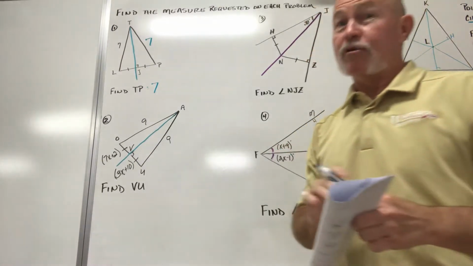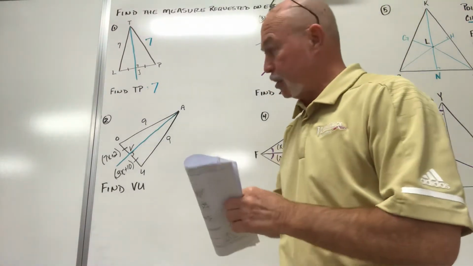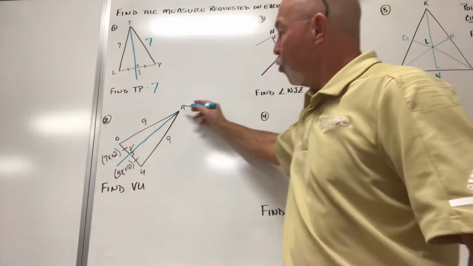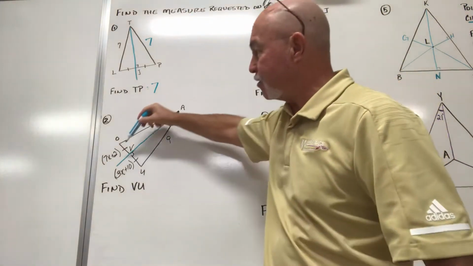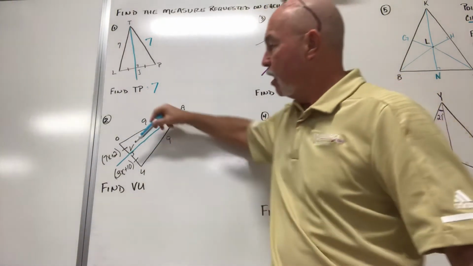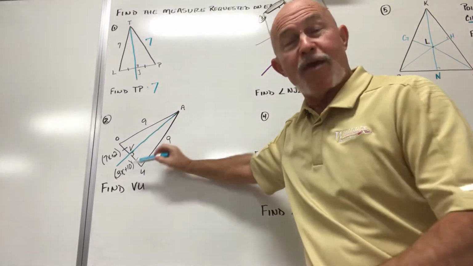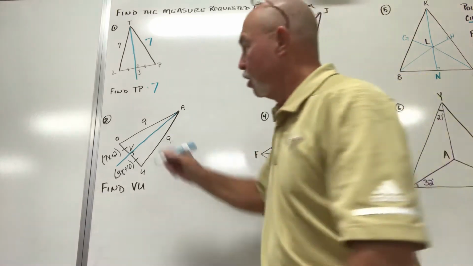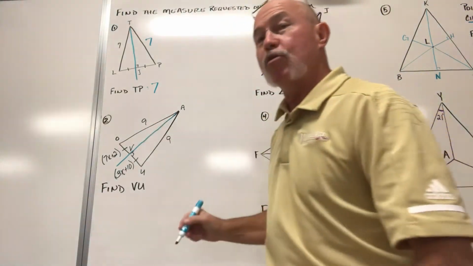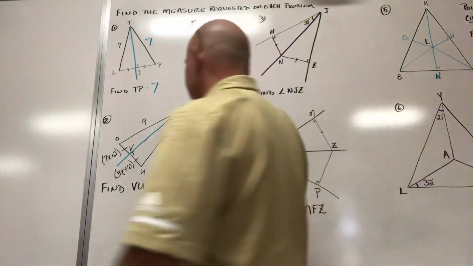I told you the work isn't that difficult on some of these. Okay, down here, we have a perpendicular bisector. It bisects the side. We want the length of VU. Well, to do that, we have to find the value of x. So, since these are equal segments, that's our equation.